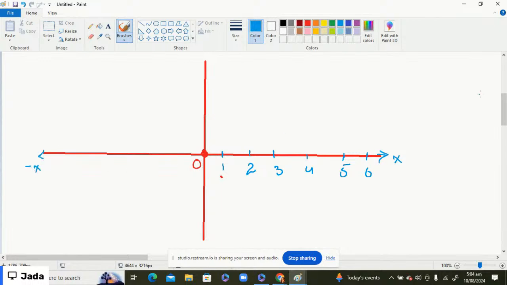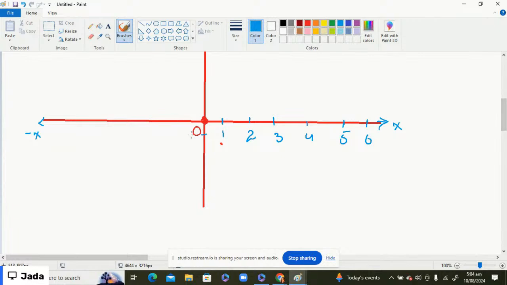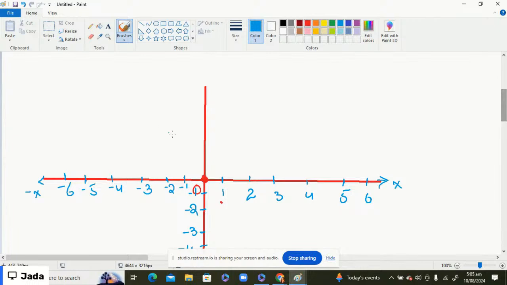Same values over there. This is negative y. And this one is y.